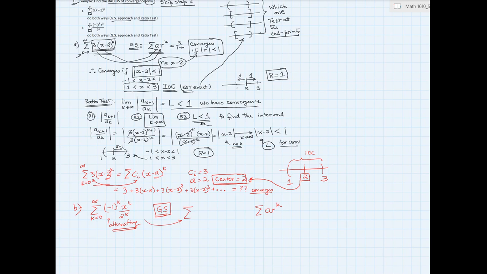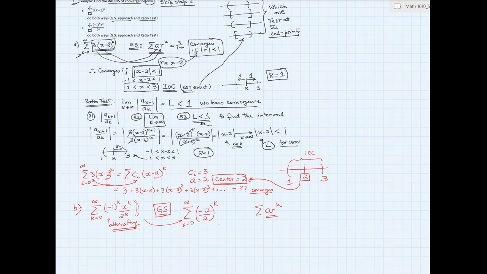So that should give you a hint of how I can make it look like this. So this is negative x over 2 raised to the power k, right? Because k is the same exponent for all these three terms. So this is my power series and this is the geometric series.